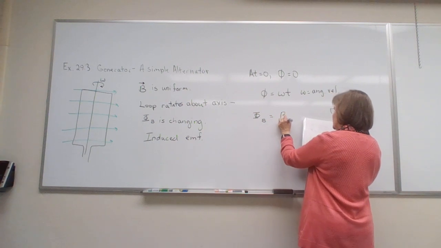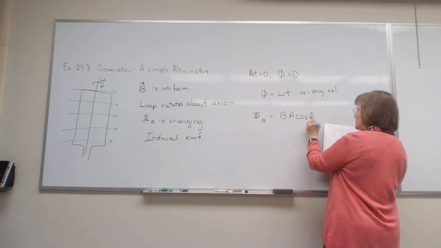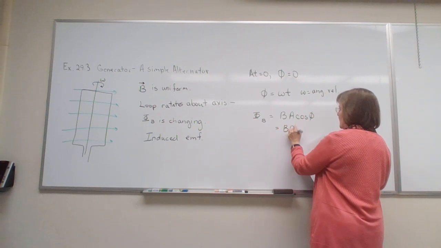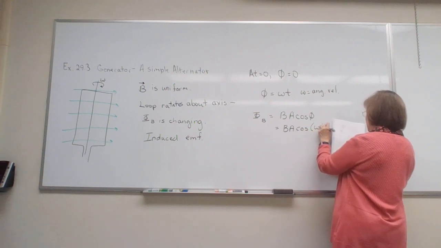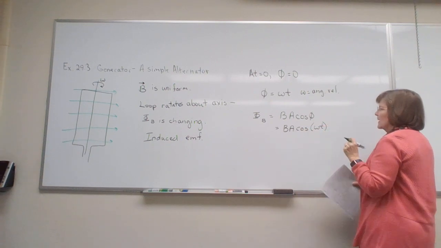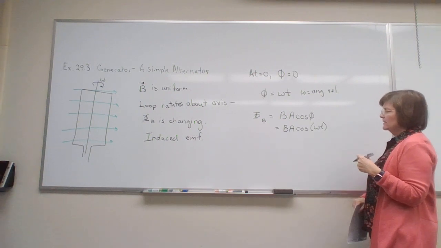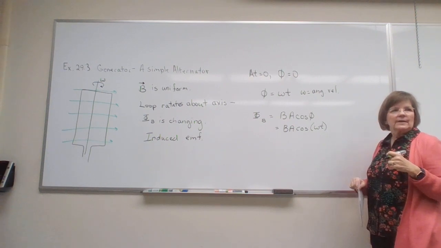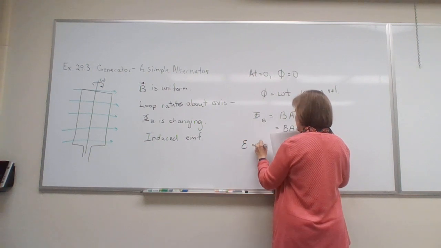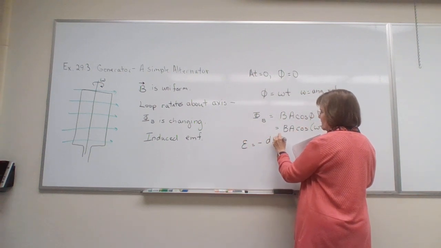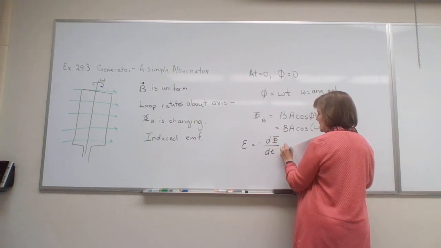The flux, of course, is B times A times cosine phi, which is B times A times cosine omega t. If we take the derivative, we can find the induced EMF, right? The induced EMF is the negative of the derivative with respect to time.